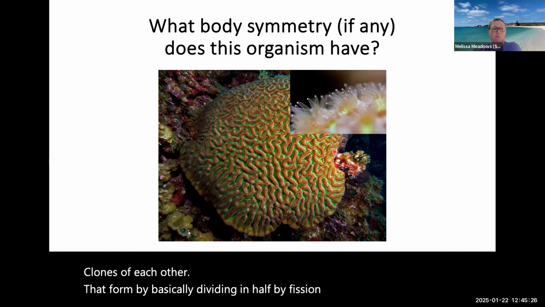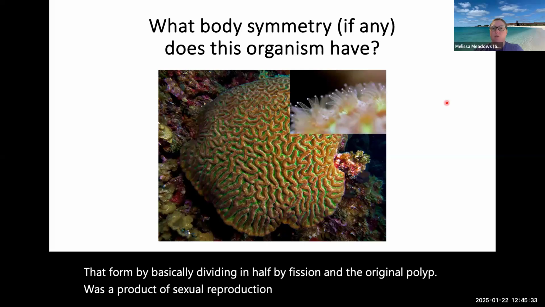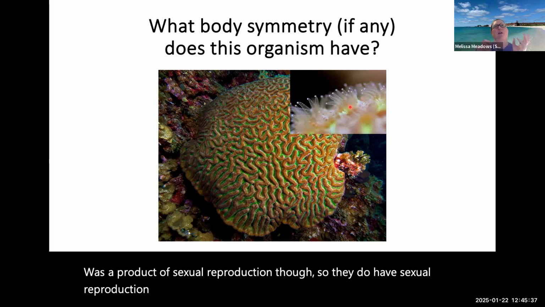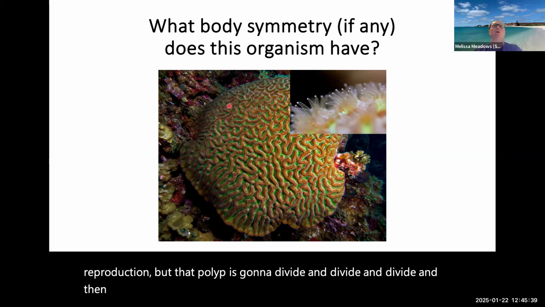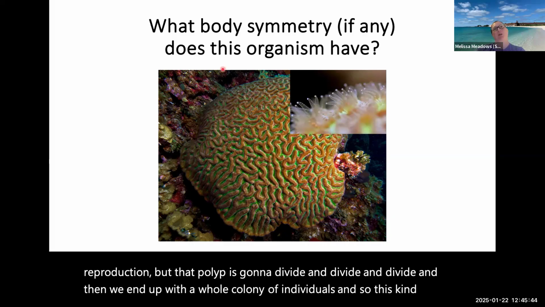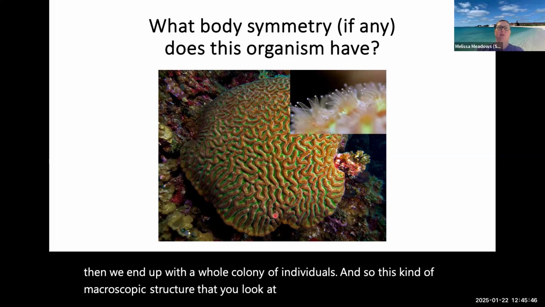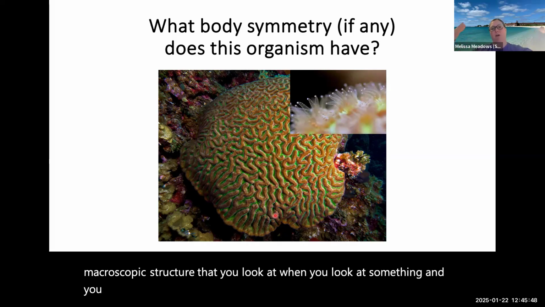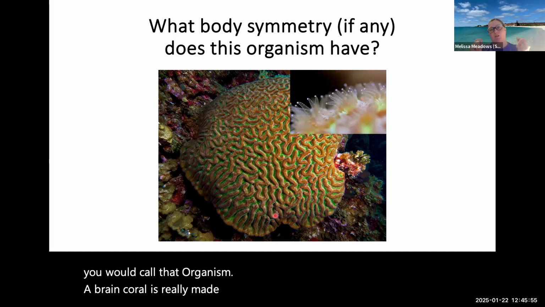The original polyp was a product of sexual reproduction, though. So they do have sexual reproduction. But that polyp is going to divide and divide and divide, and then we end up with a whole colony of individuals. And so this kind of macroscopic structure that you look at, that you would call a brain coral, is really made up of a colony of individual polyps.